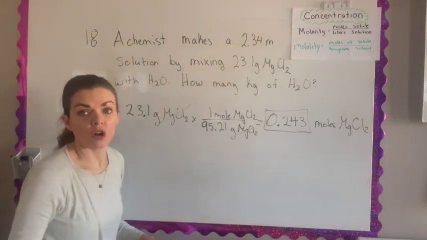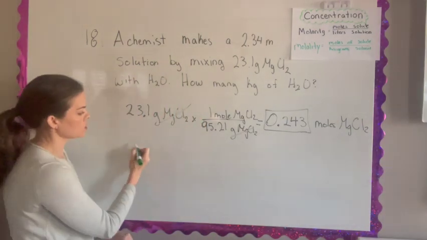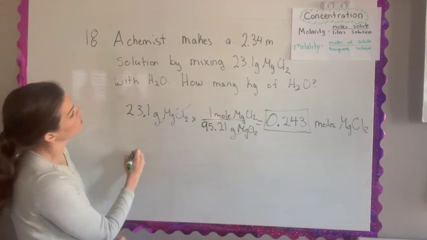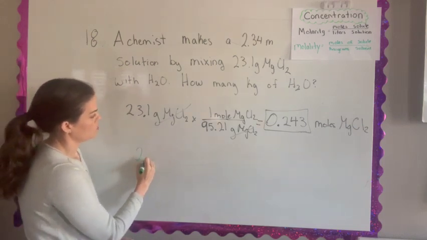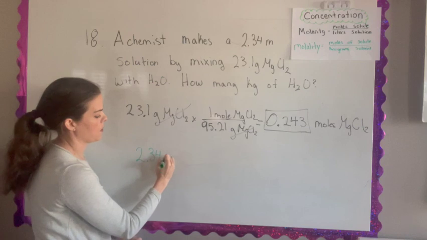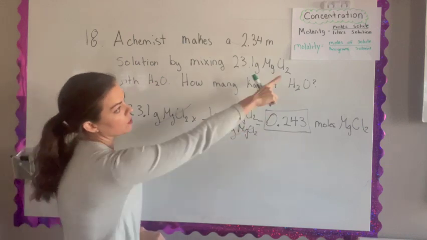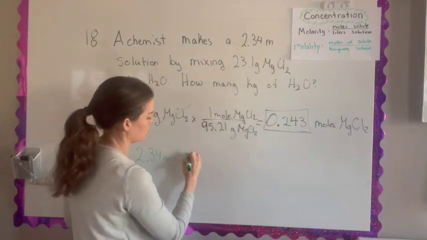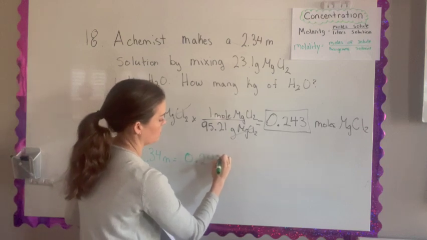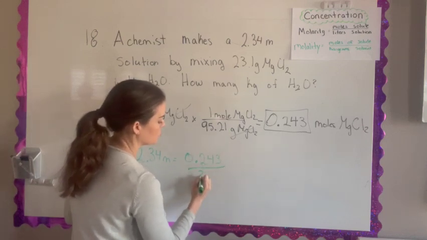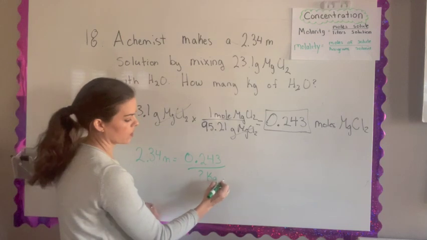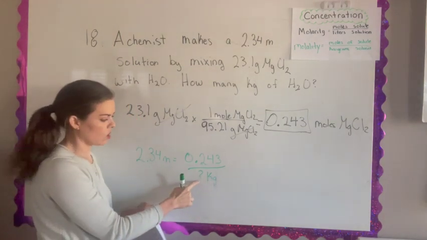So now I'm going to solve using the molality equation. So I'm going to say molality, which they tell me is 2.34. And I know my moles of solute is 0.243. And I do not know the kilograms of water. So this is what I'm solving for.